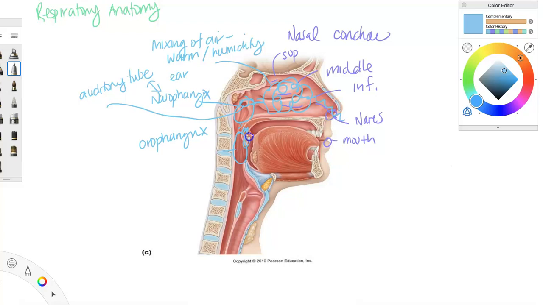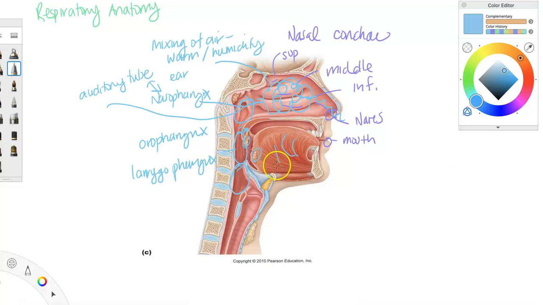You've got some little tonsils here, palatine tonsil, and I forget what this one is, lingual tonsil, I guess, where the tongue is. This is the tongue here. And the air then goes down into the laryngopharynx.